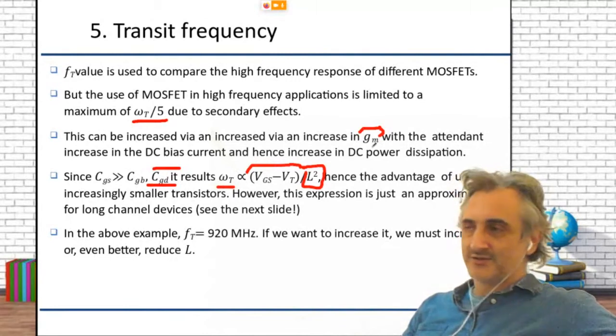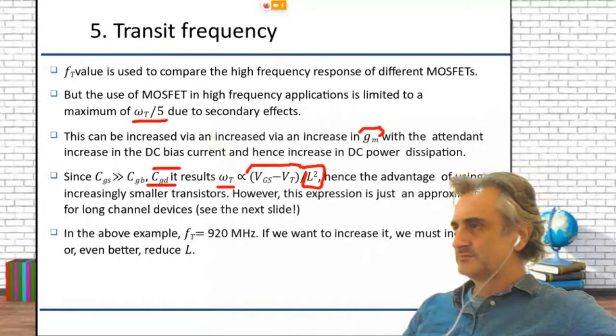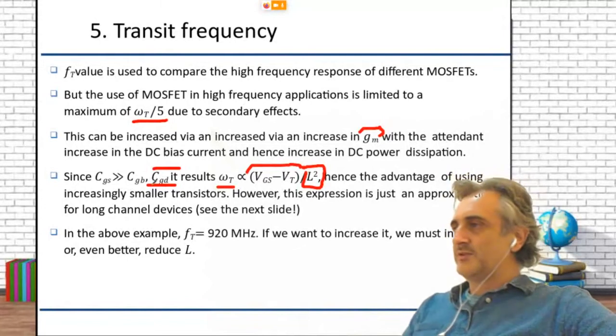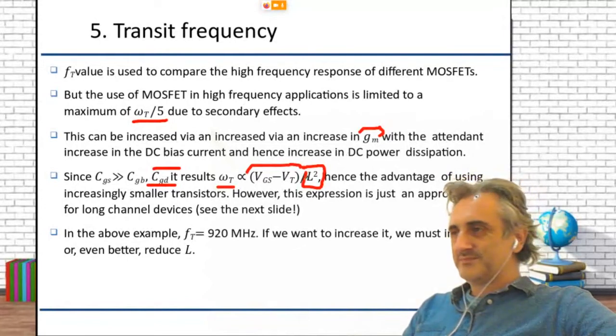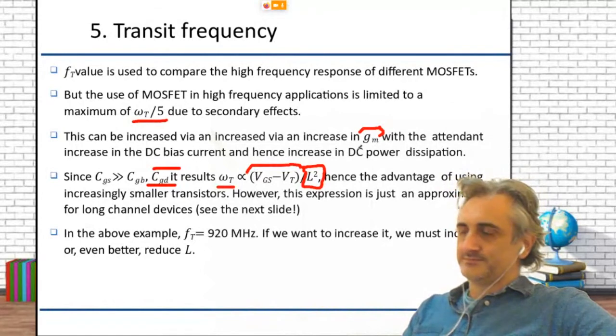So it depends on this capacitance. So this is another big advantage of getting smaller and smaller transistors. The smaller the transistor, the smaller the length of the channel is, so the faster the transistor will be.